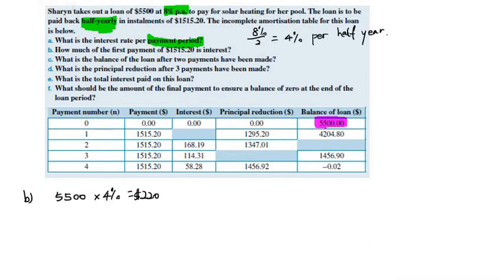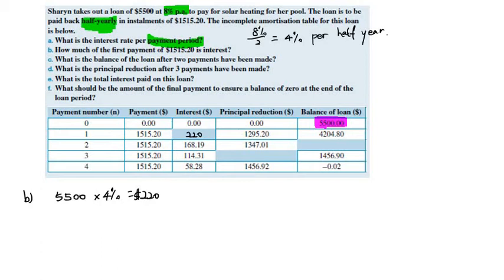So the calculation of our first interest is rather easy. It is the balance of loan that we have at payment 0 over here times the interest rate. So times 4%, which is equal to $220. And then the amount of money that's actually used to pay off the loan is $1,295.20.